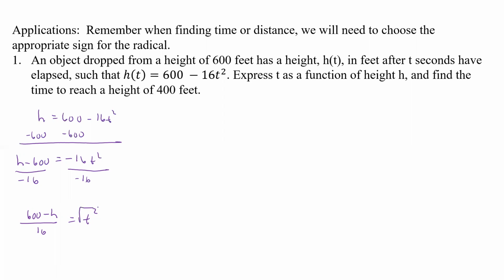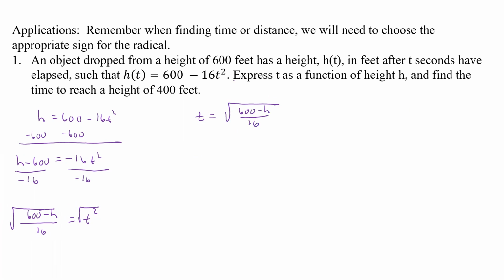Now we need to take the square root of that to solve for t. And again, when we have t, we need only the positive, because it's going to be a time in the future. We don't want the time in the past. So t is equal to the square root of (600 minus h) over 16.